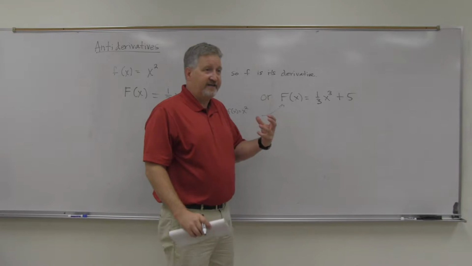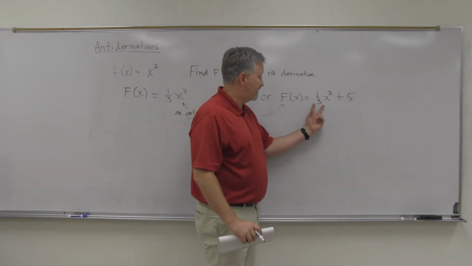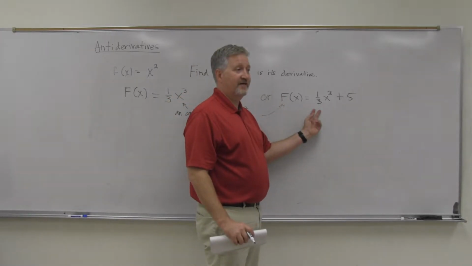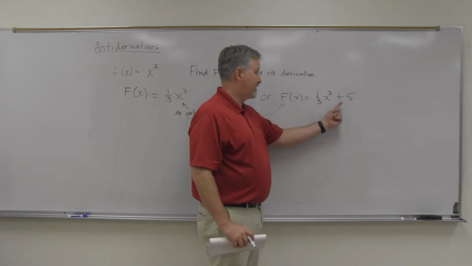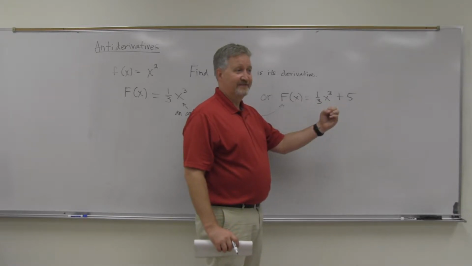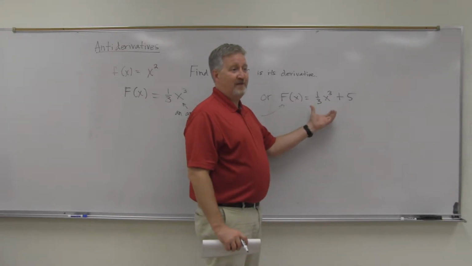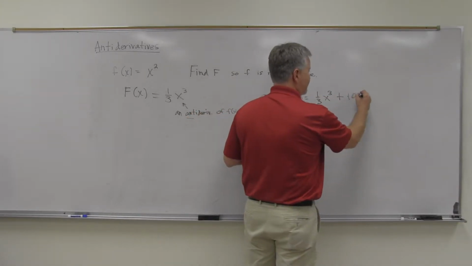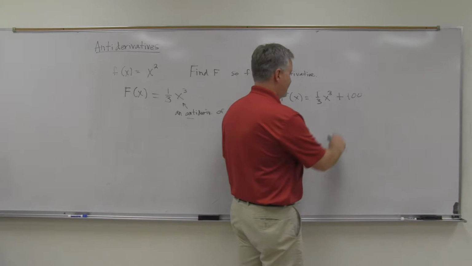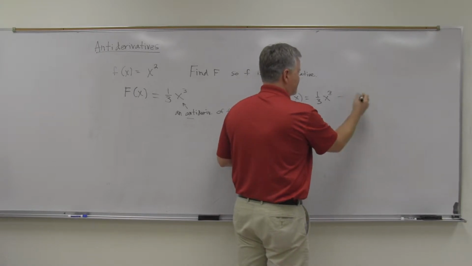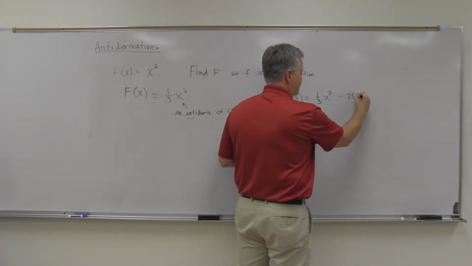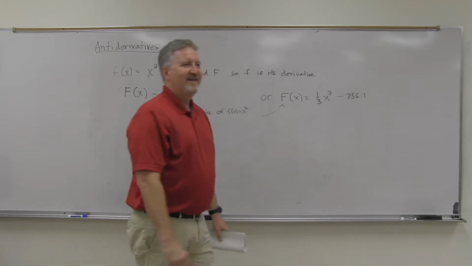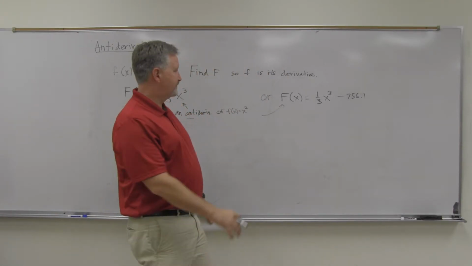Well, the check is to go back and do the derivative. The derivative of that is x squared. What's the derivative of 5? 0. So that's another possibility. What about 100? That'd be another possibility. What about minus 756.1? Okay? You get the idea here.